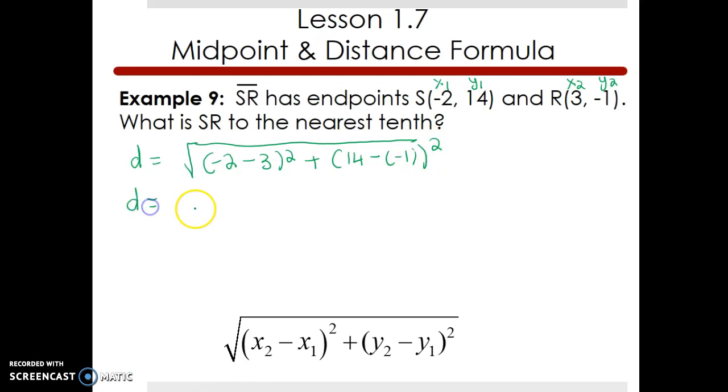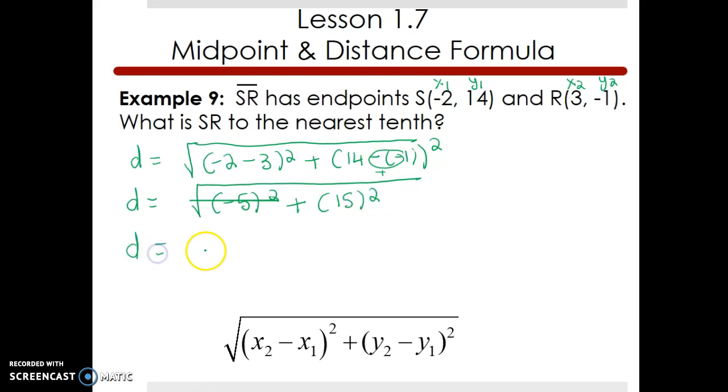So distance equals -5 squared plus 14, this becomes plus, so that's going to be 15 squared. So -5 times -5 will give you 25, and 15 times 15, give me 1 second, 15 times 15 gives you 225.